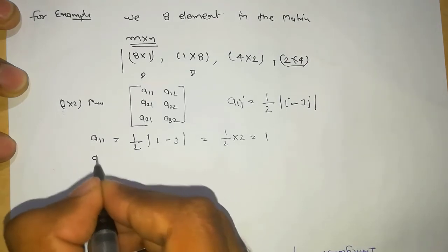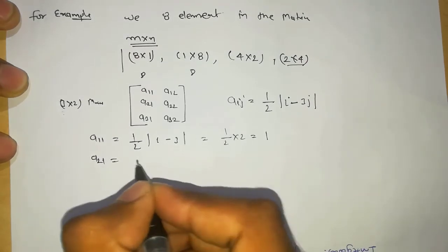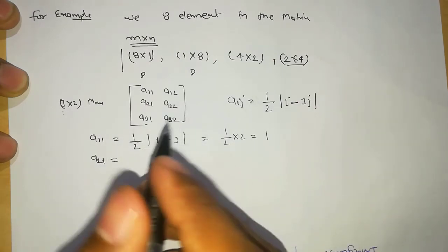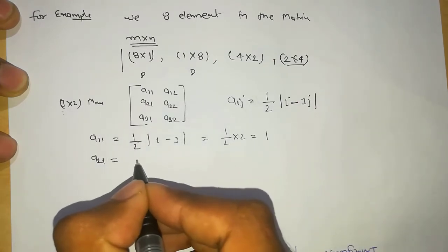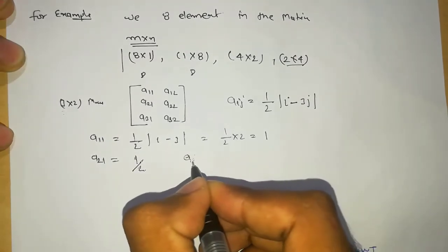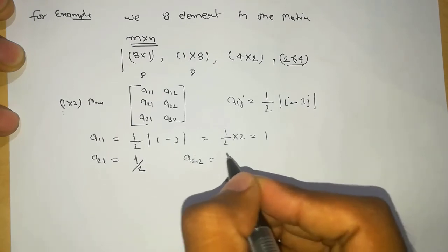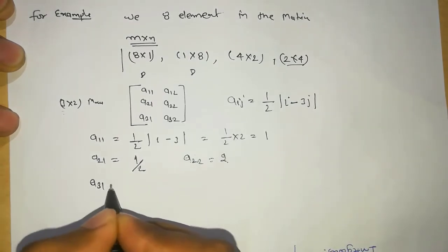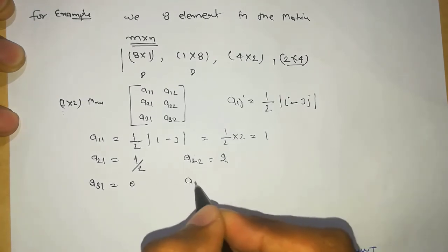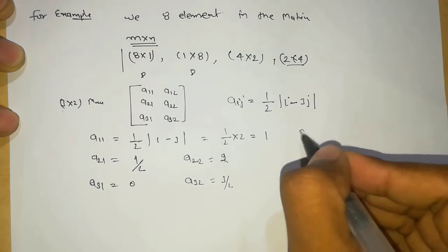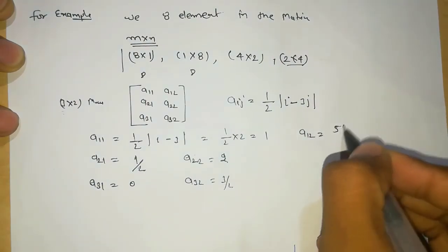Similarly, A21: the value of i is 2 and the value of j equals 1. Then A21 equals 1/2. Similarly, A22 is also 2, A31 is 0, A32 equals 3/2, and the last element A12 equals 5/2.